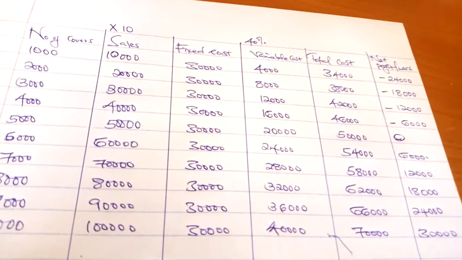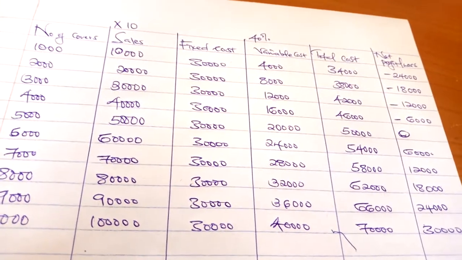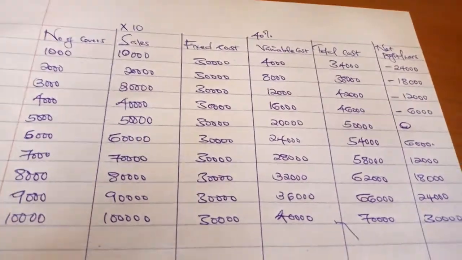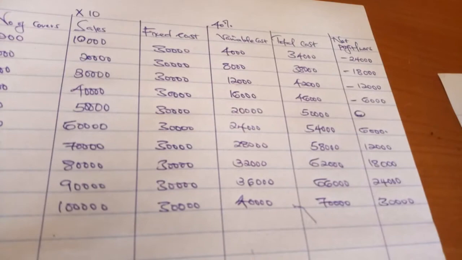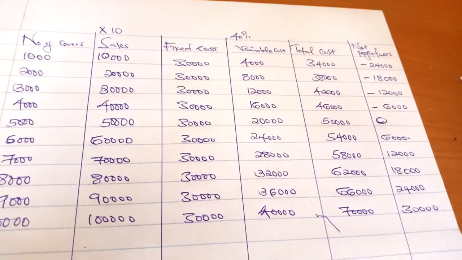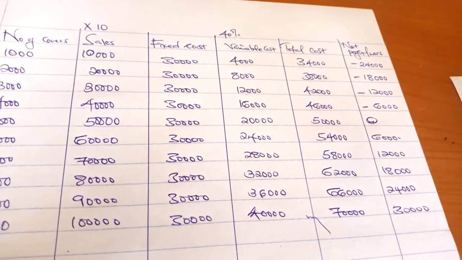Profit or loss, it is sales minus cost. So as you can see here, sales 10,000 and the total cost is 34,000. So that means that when you subtract, that is 10,000 minus 34,000, you get a negative 24,000.